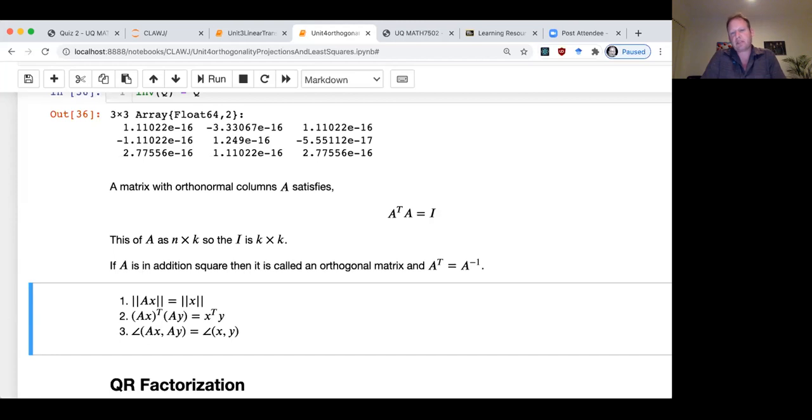There are multiple answers for this. Soon we'll see that we can represent a matrix as an orthonormal matrix times an upper triangular matrix. That's a factorization, just like we had the LU factorization. This is a different one, and it allows us to solve systems of equations, but also least squares and other things.